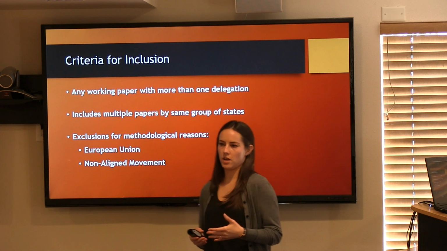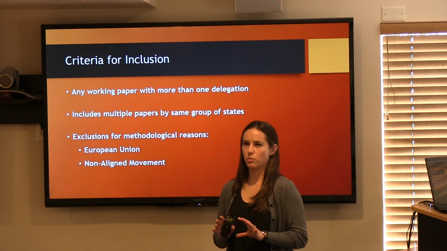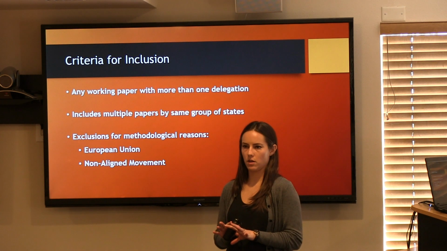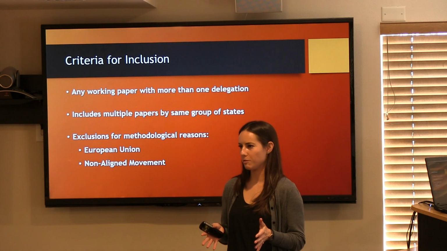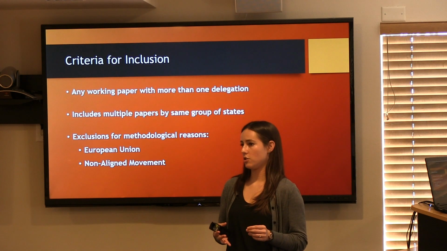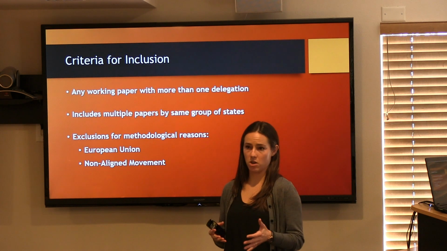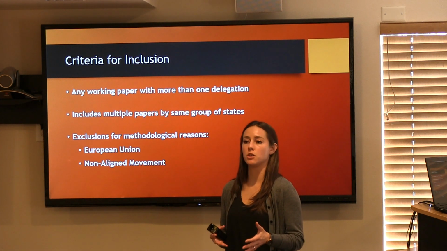But the reason is that, based on the way that network analysis works, if I were to put the entire representation of the non-aligned movement in this network, which is 120 countries, it would give undue influence and representation to a lot of those countries that are not actually active at this conference and are not actually active on these issues.